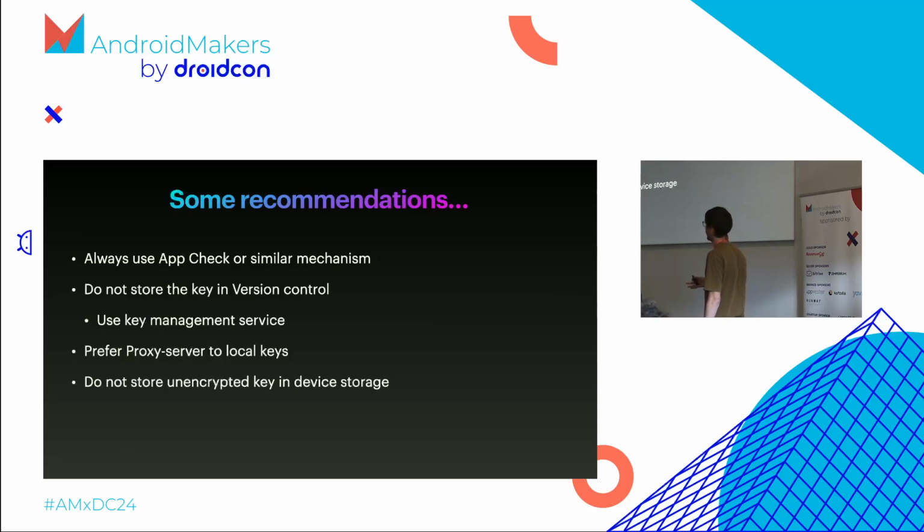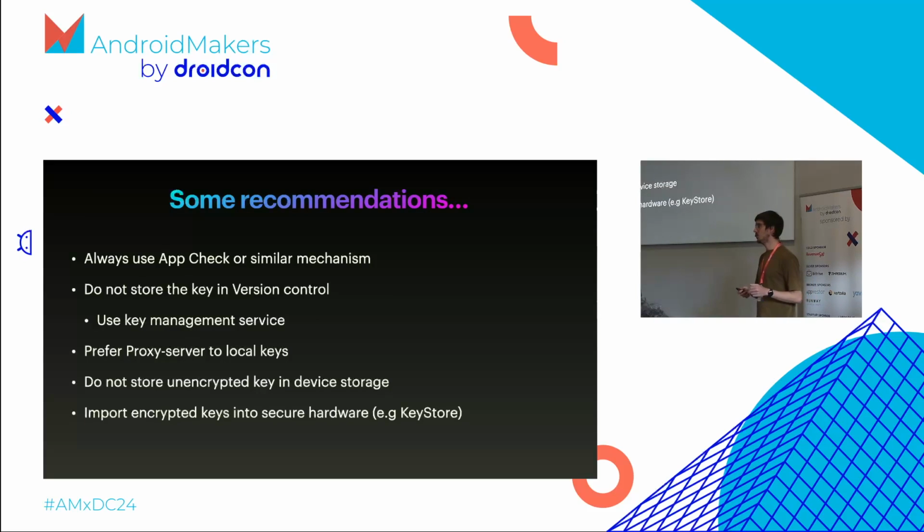In any case, if you go the way of getting the key from the server and putting it into your application, do not store it in SharedPreferences or something like this. And if you do, at least encrypt it, but it's still probably a bad idea. Instead, use technologies that exist on the different clients.